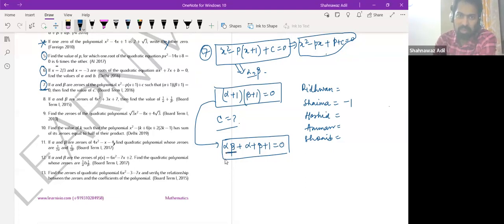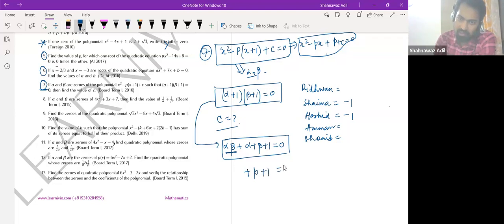So alpha plus beta is how much? P, and alpha into beta. Minus one. So Harshit is also getting minus. Yeah. So alpha plus beta is how much? That is P, right?